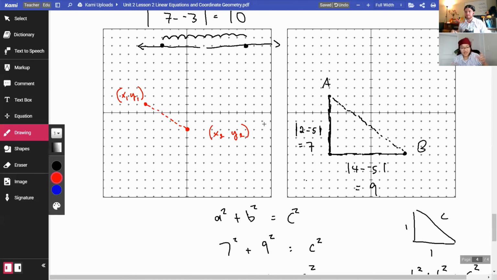We need to take the difference between the two x values, let's say x2 minus x1, because that's the horizontal leg of that triangle. As we stated before, if we take the absolute value of the difference, we get the positive length. We have the bottom leg of our right triangle.